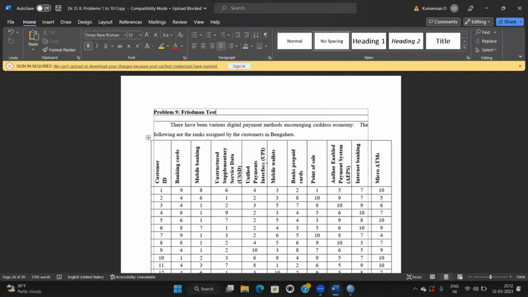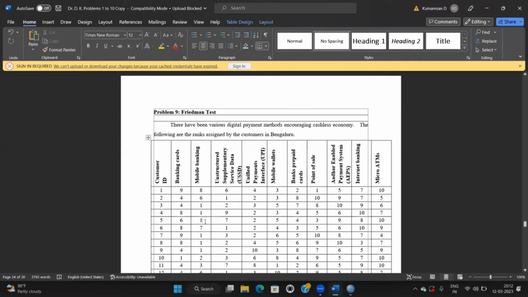See here, the first customer said point of sale is the first one. Second customer said USSD is the first one. Third one said mobile banking is the first one. Fourth one also ranked mobile banking as the first one.